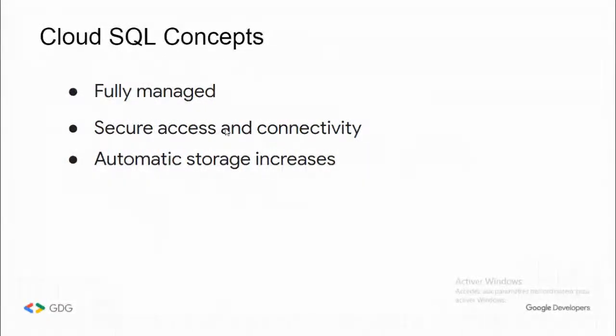The second key feature: secure access and connectivity. Cloud SQL data is encrypted on Google's internal networks and when stored in database tables, temporary files, and backups. Also, Cloud SQL supports private connectivity with Virtual Private Cloud, VPC.